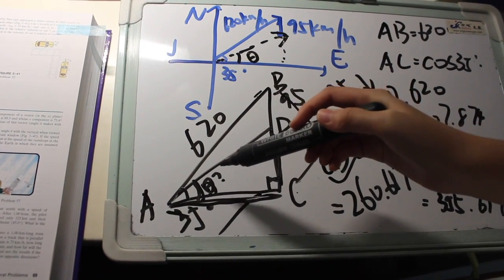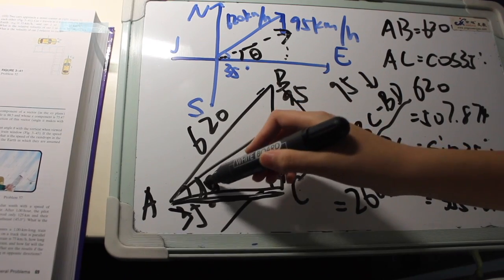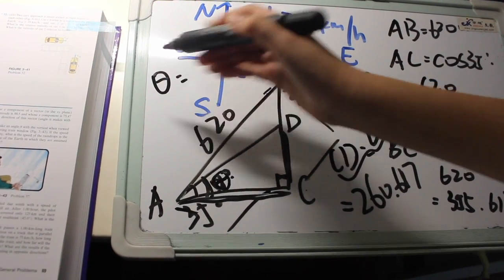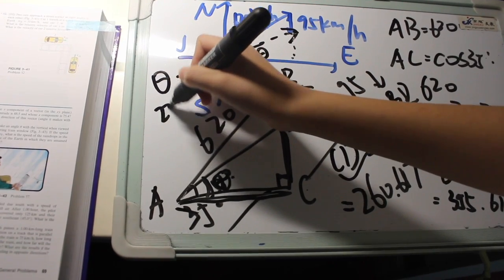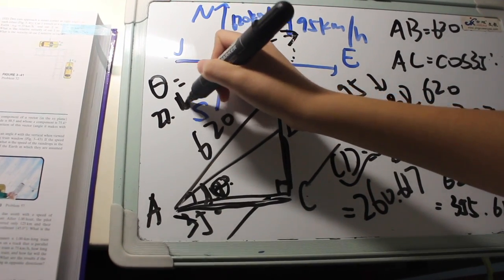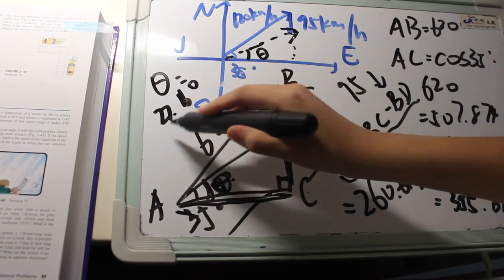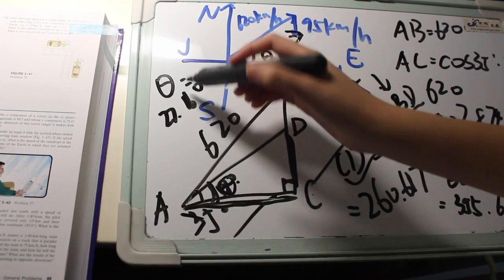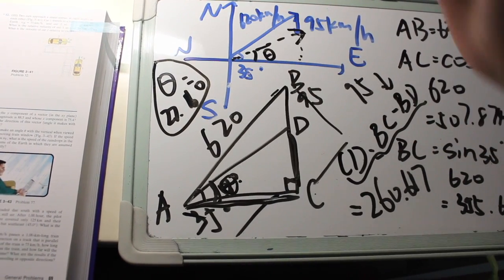By using our calculator, we can get the magnitude of sigma, which is ... .16 degrees. This is our answer.